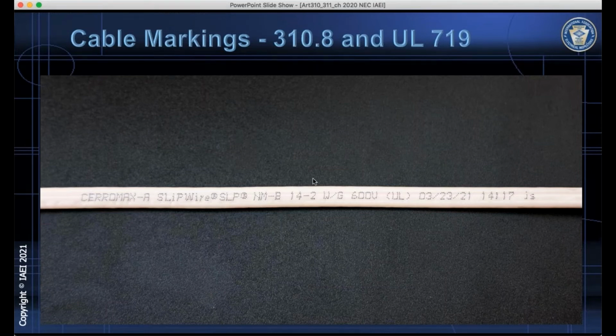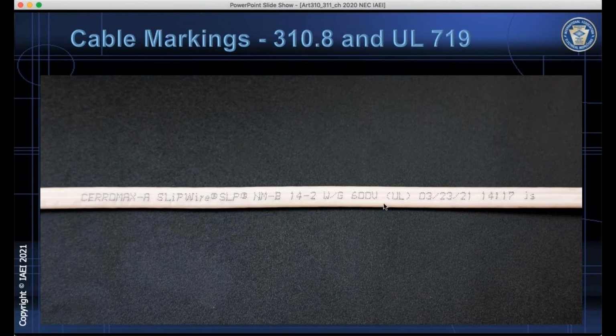So we've got that NM-B. This is the size, 14. So we have 14 AWG conductors. We have two insulated conductors, essentially, and then we've got a ground conductor. And so that's what that WG means. There are actually 3 conductors total in here, 2 circuit conductors and an equipment grounding conductor.